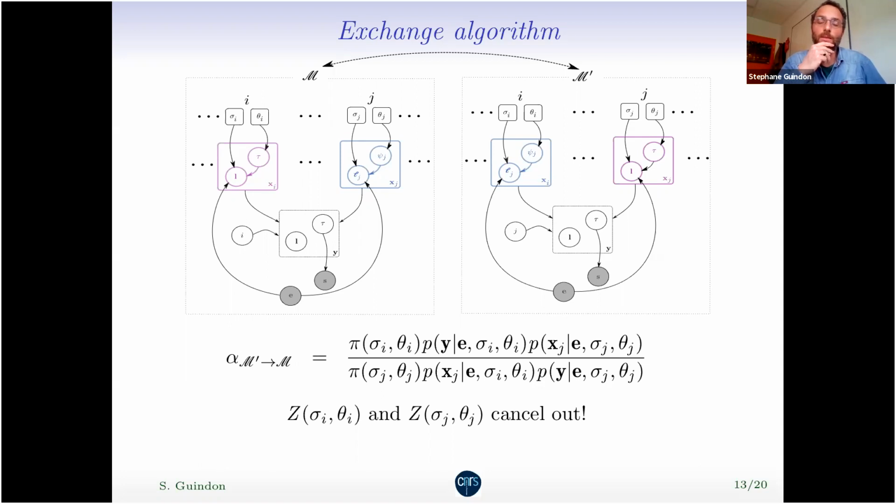So that really is the main insight behind Murray's approach here with the exchange algorithm. It's through the introduction of this pseudo random variable X, so here the pseudo tree and pseudo location, that you manage to make those problematic terms vanish.